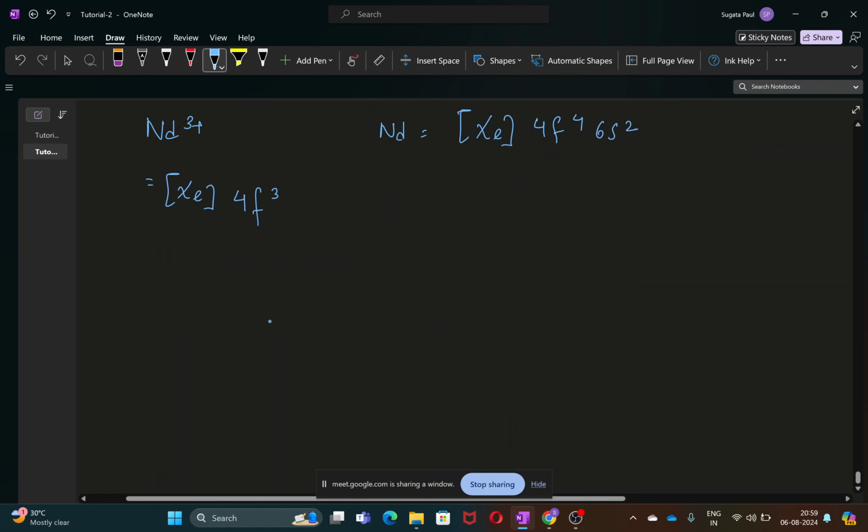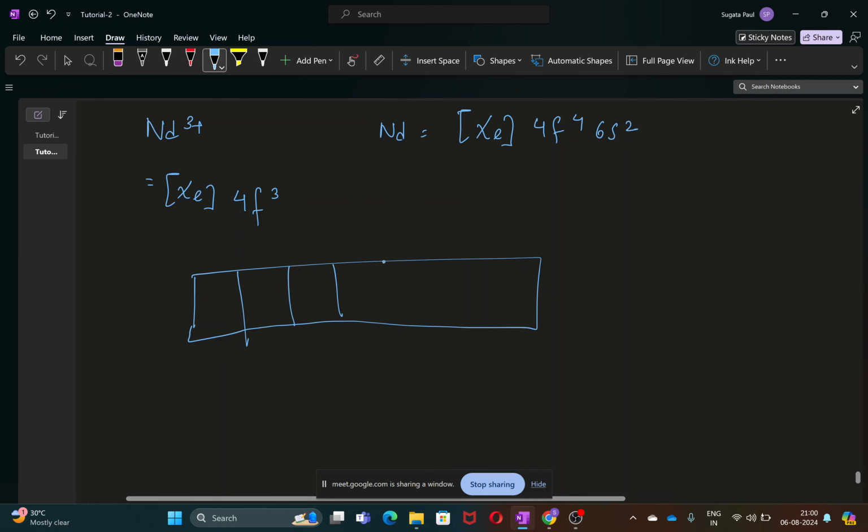What will be the structure of 4f3? This is the 4f shell, with 7 orbitals. Fill up 3 electrons. The ml values are 0, plus 1, plus 2, plus 3, minus 3, minus 2, minus 1.